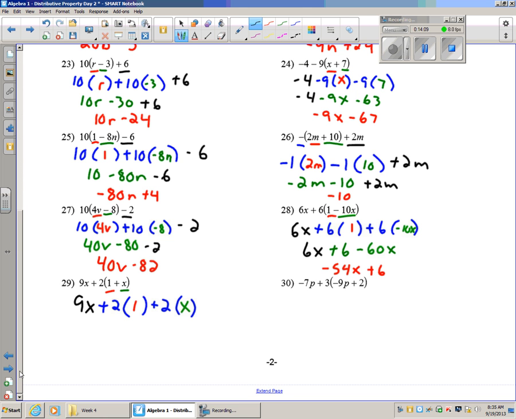So again, the 9x just drops down. So 2 times 1 is 2, and 2 times x is 2x. Combine like terms here. 9x plus 2x, that's 11x plus the 2.